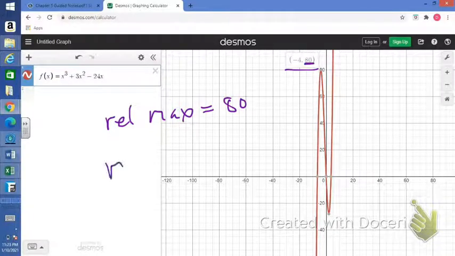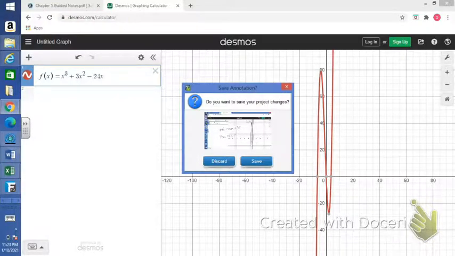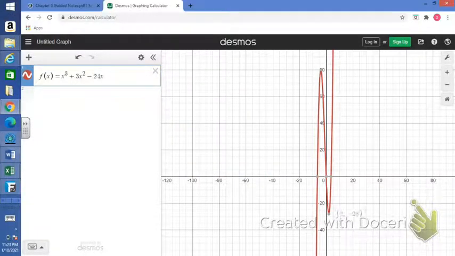And then the relative min is equal to, X out of there, the ordered pair is 2, negative 28, so the relative minimum would be negative 28. So negative 28 and 80.